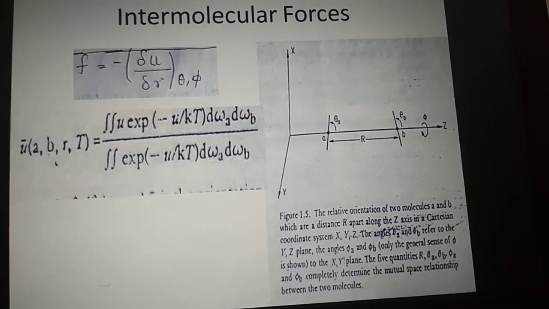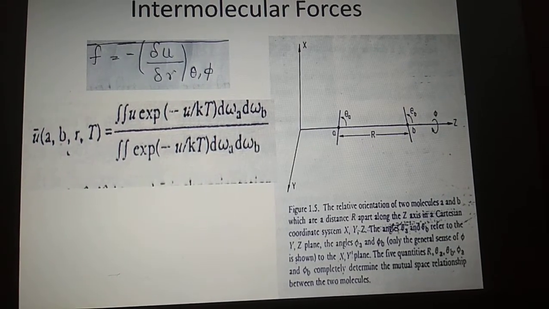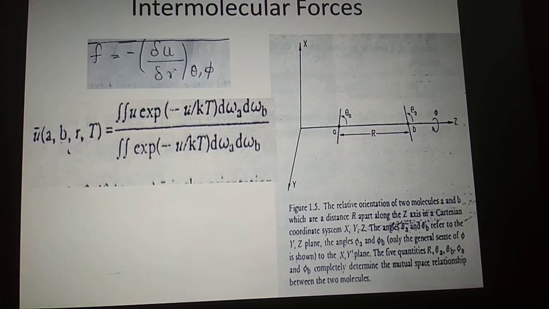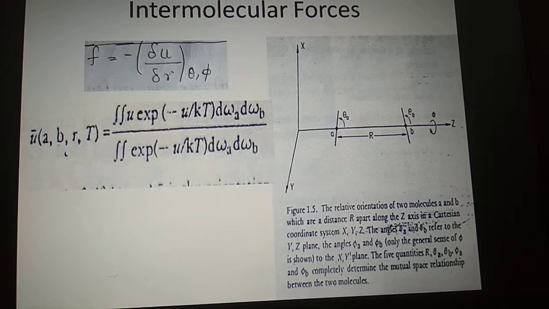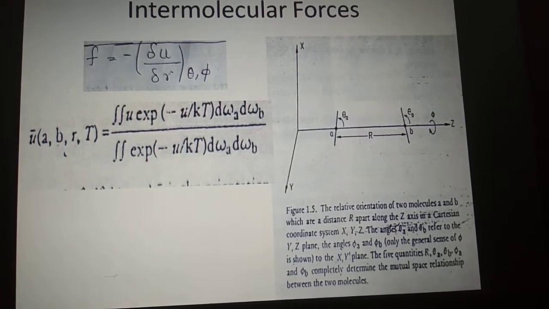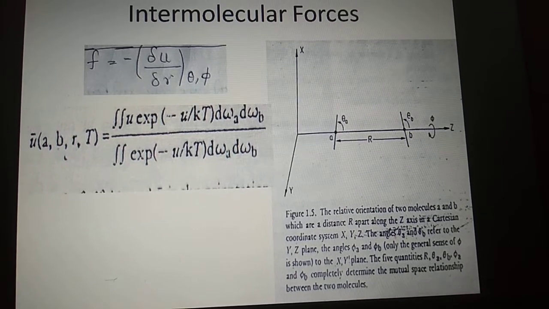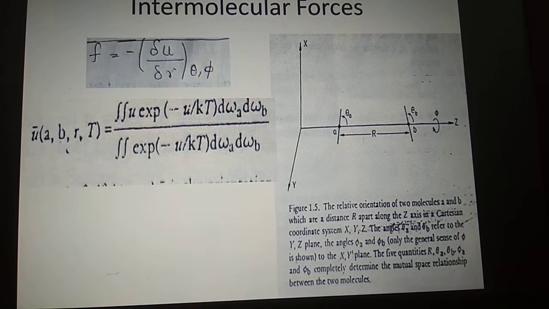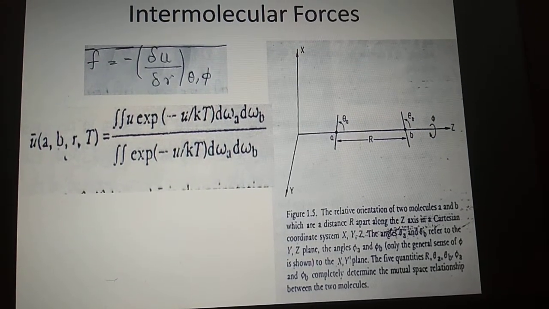The instantaneous potential energy depends on this orientation, but the thermal portion averages this dependency out in such a way that only a dependence on the distance r between the molecules remains. However, a new dependence on temperature T is thereby introduced.